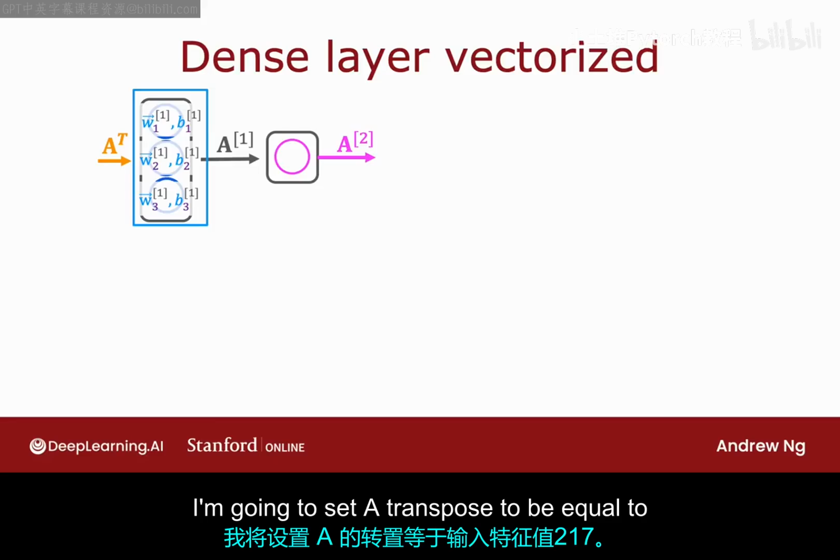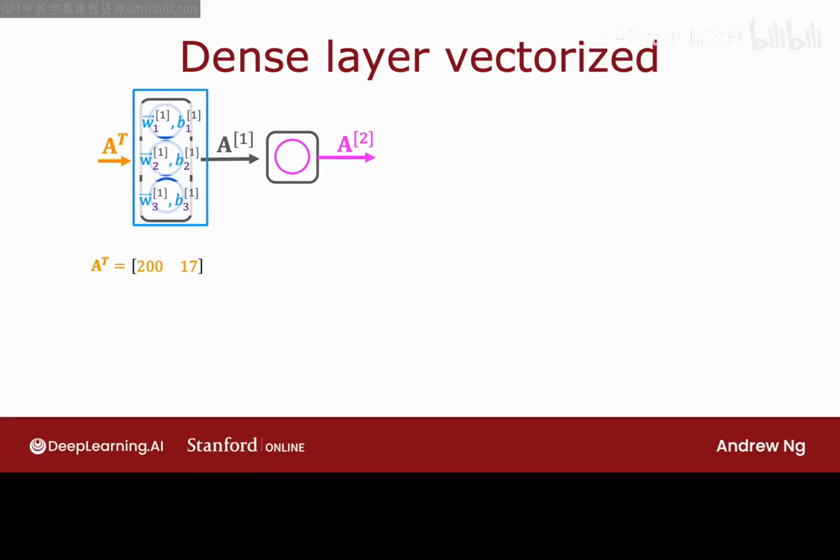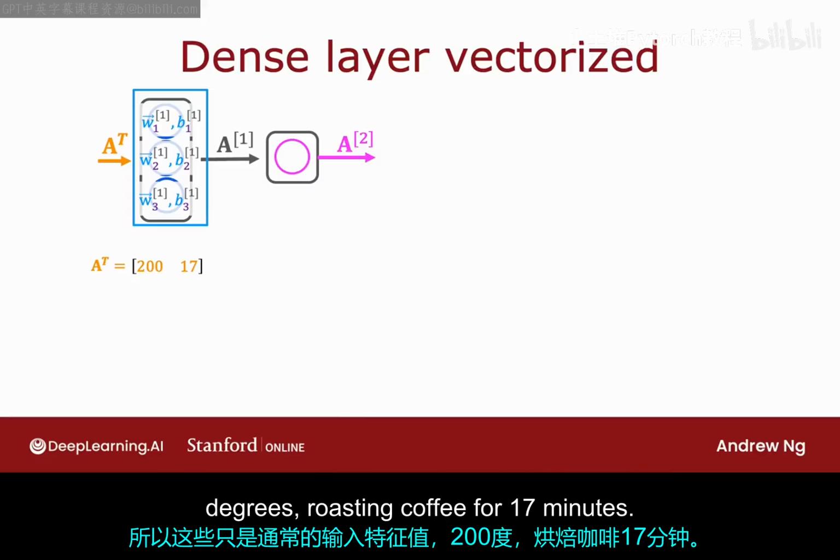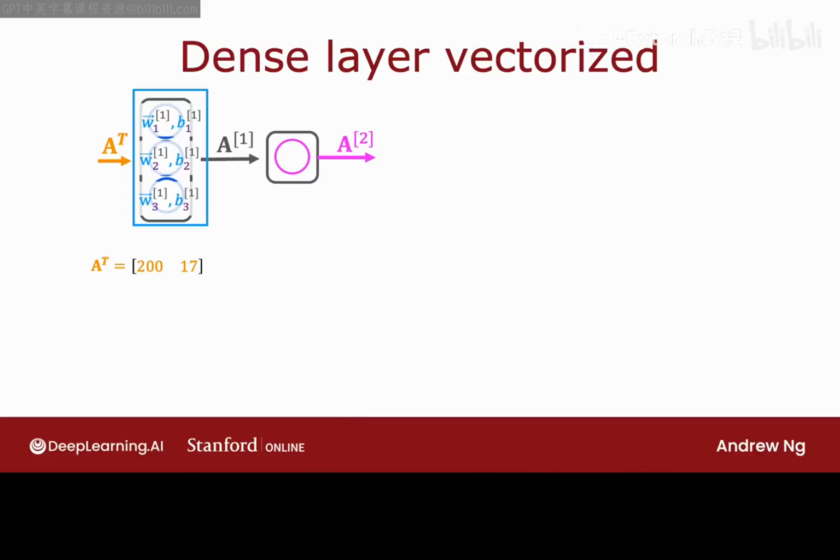I'm going to set A transpose to be equal to the input feature values 200, 17. So these are just the usual input feature values, 200 degrees, roasting coffee for 17 minutes.